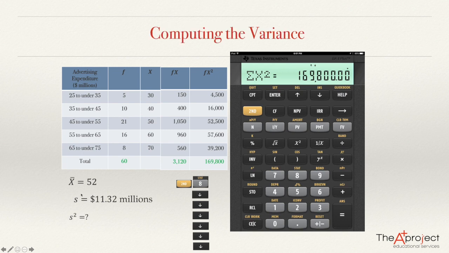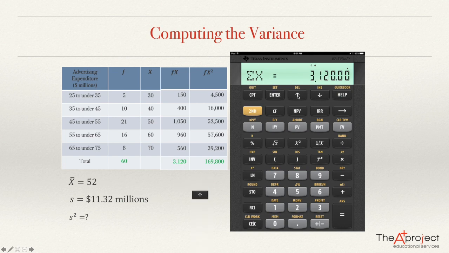If we want to compute the variance, remember we can get the standard deviation. So we can scroll up until the standard deviation. And when we have the standard deviation on my screen, then I will press x squared. Let's do it. So I scroll up, so I see the previous result, the sum of the x.